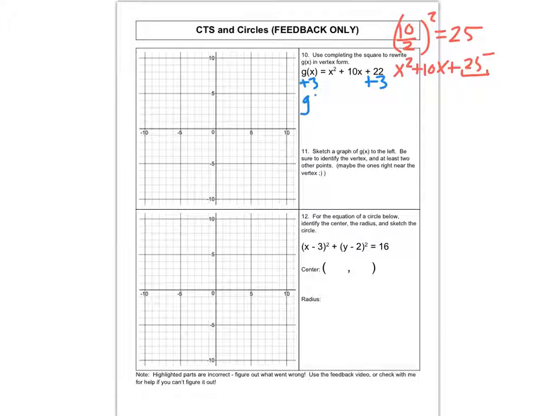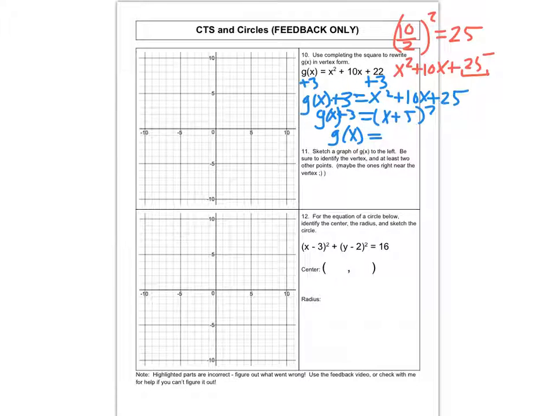So we've got g of x plus 3 is equal to x squared plus 10x plus 25, which is the same thing as x plus 5 squared. Minus 3 to both sides, we get g of x is equal to x plus 5 squared minus 3.